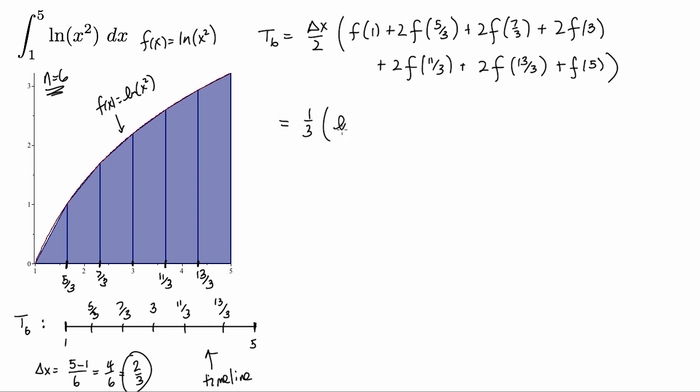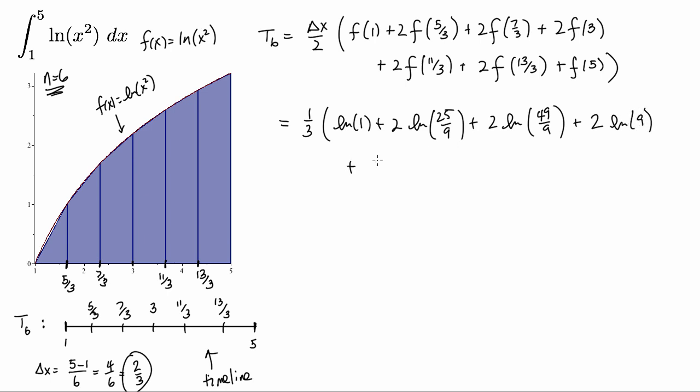So f at 1 is going to be the natural log of 1, plus 2 times the natural log of (5/3) squared, which is 25/9, plus 2 times the natural log of 49/9, plus 2 times the natural log of 9, plus 2 times the natural log of 11 squared, which is 121/9, plus the natural log of 13 squared, which is 169/9, plus f at 5, which is the natural log of 25 when you square it.